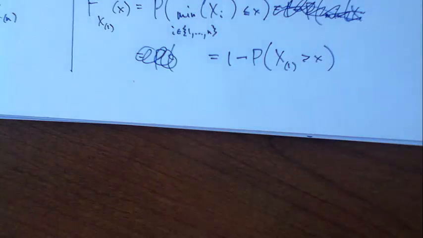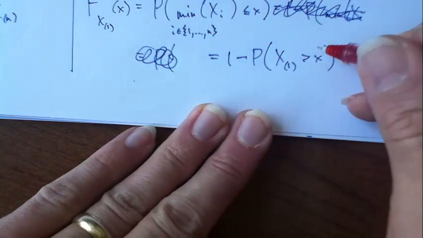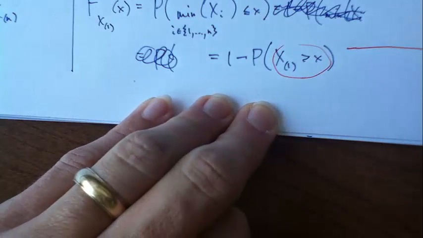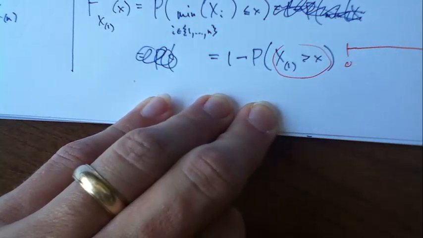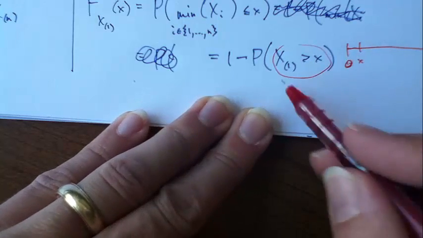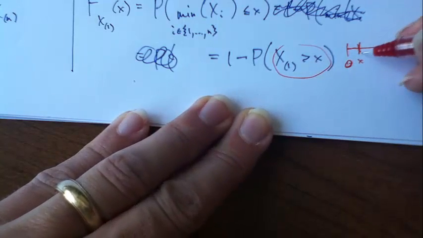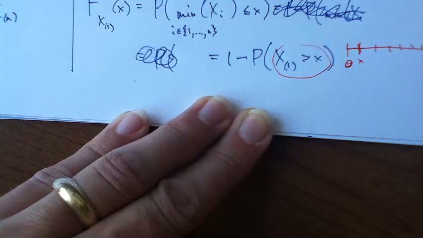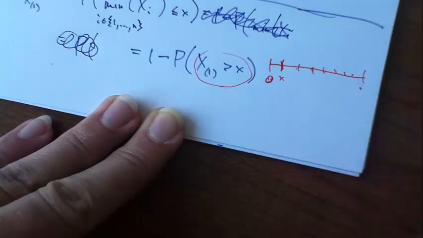Okay, now I'm going to take a look at this event here and note that the minimum of a bunch of random variables exceeds x if and only if all of those random variables hit at values larger than x.